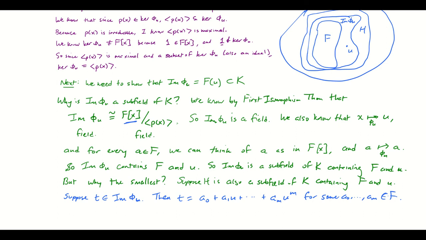But we know that everything here is obtained by just multiplying various things from F and various powers of u.